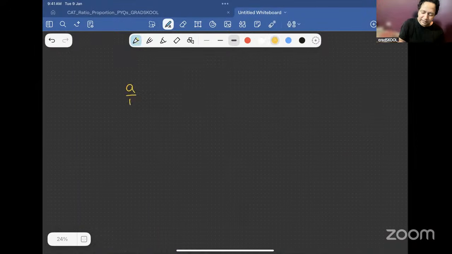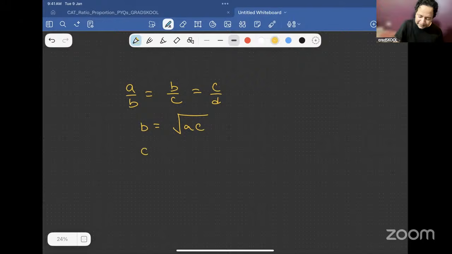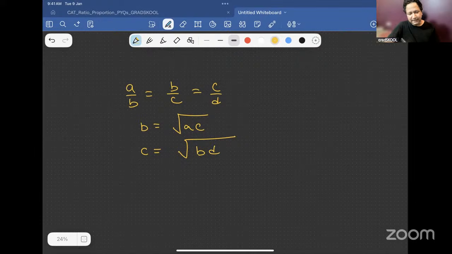A upon B is equal to B upon C is equal to C upon D. Here I can see three different ratios, right? So the second proportional, that is B, is basically the square root of product of first and third, all right? And the third proportional, that is C, is equal to the square root of product of the second and the fourth proportional. All right, is that clear?